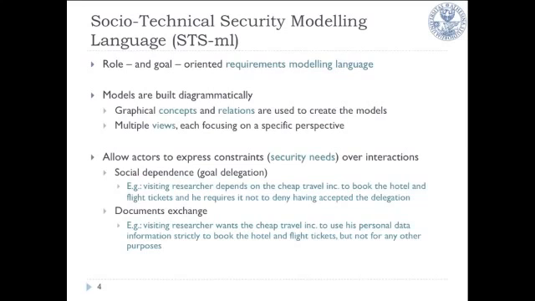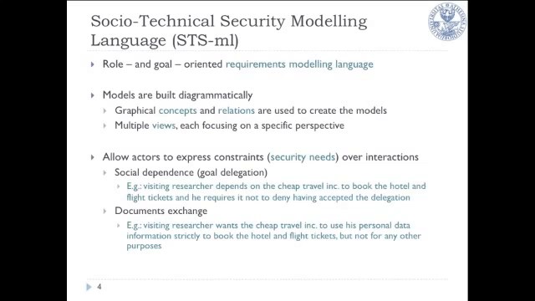The model is separated into different views, in which you concentrate on a particular perspective at a time, but we'll see that in the following slides. On top of that, we allow the different interacting components, to whom we refer as actors, to express security constraints that they have over interactions they participate in, and we call these security needs.